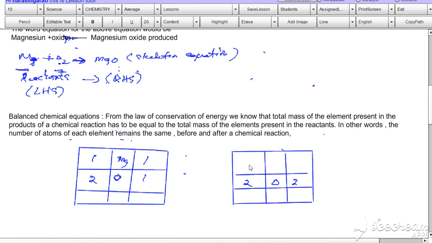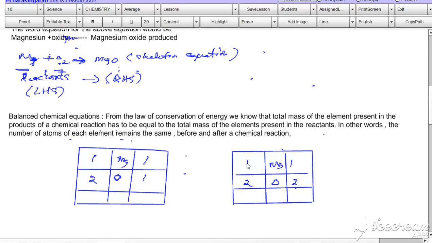Now it is 1 Mg over 1. So when magnesium oxide is formed, on the right hand side it should be 2. On the left hand side it will be 1 here and 1, so on the right hand side it has to be 2 now.